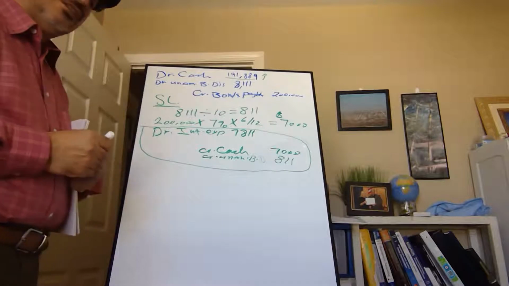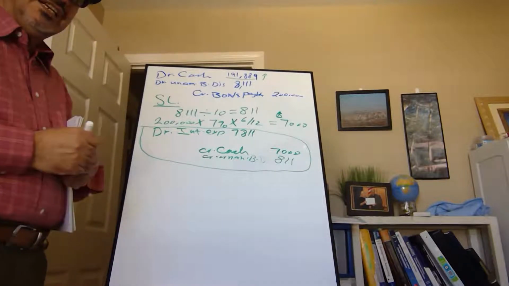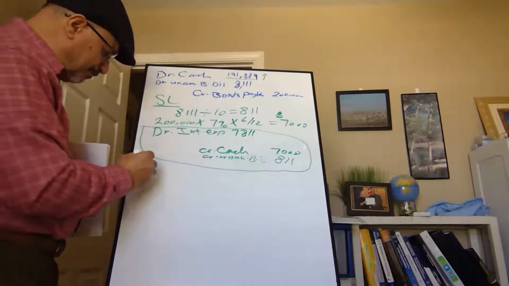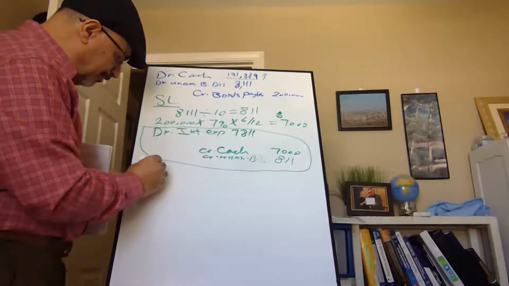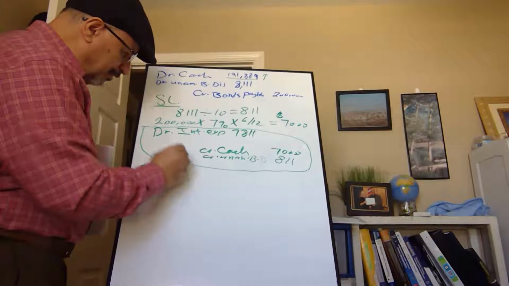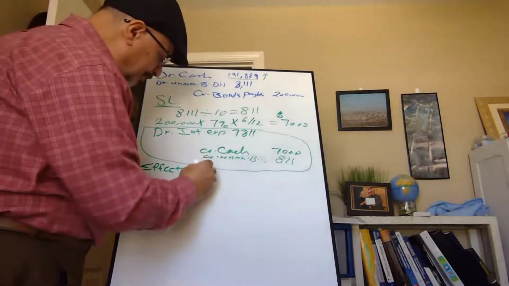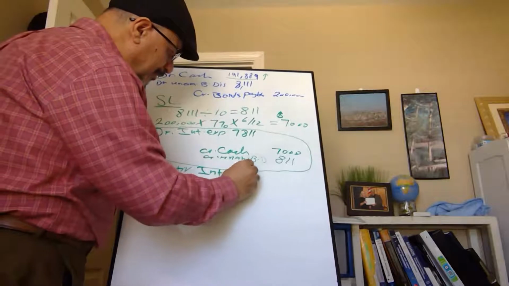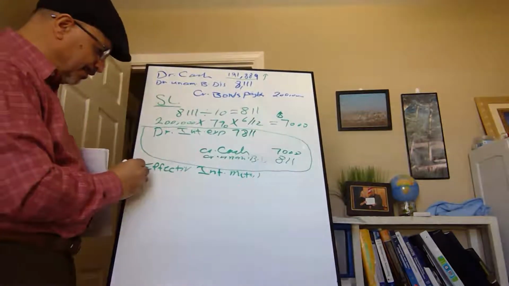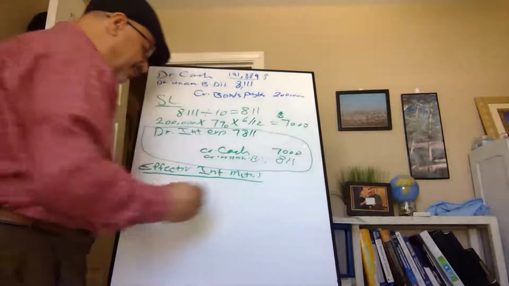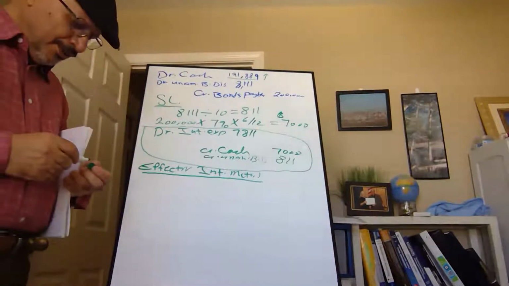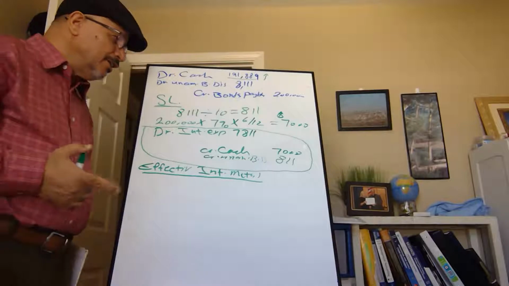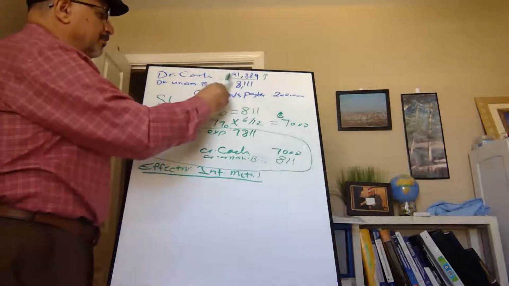Now, if we use the effective interest method, the second method, the total interest expense that we recognize is going to be straightforward.